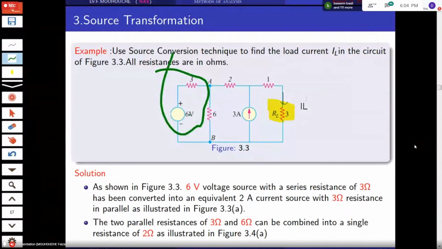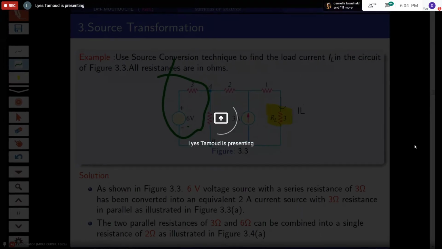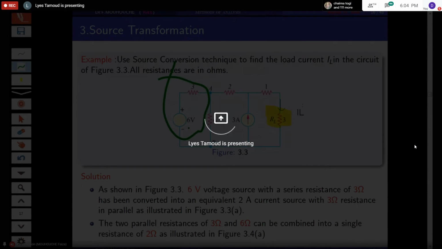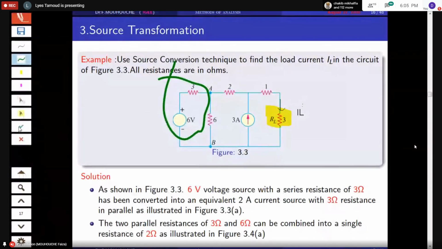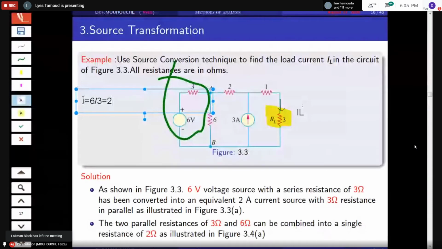Here we have three resistances in series with the voltage source. We can convert it to a current source and parallel resistance, so that the current I is equal to 6 over 3, which is equal to 2 ampere.